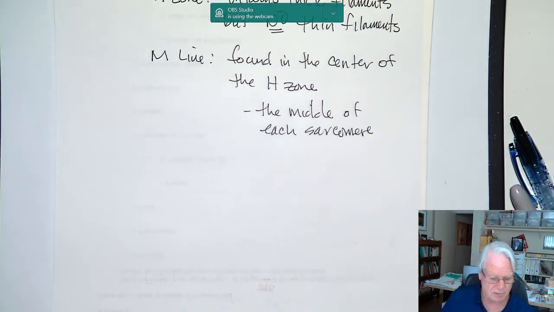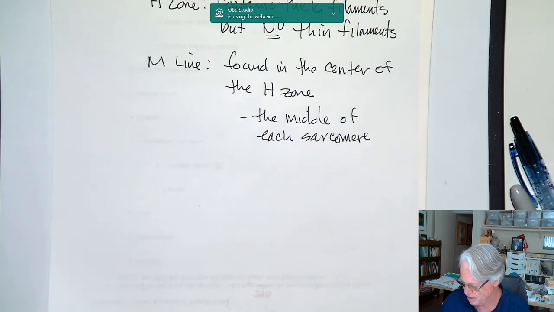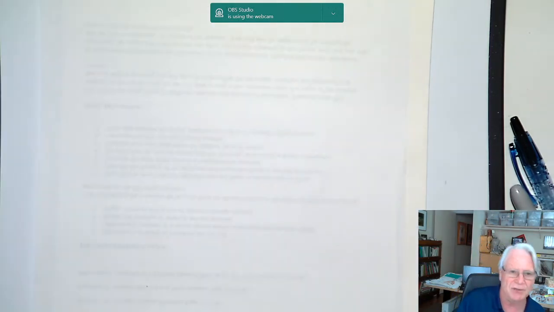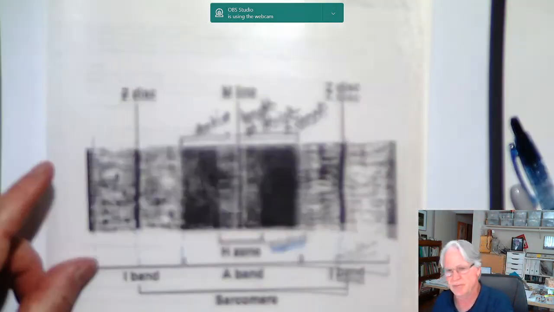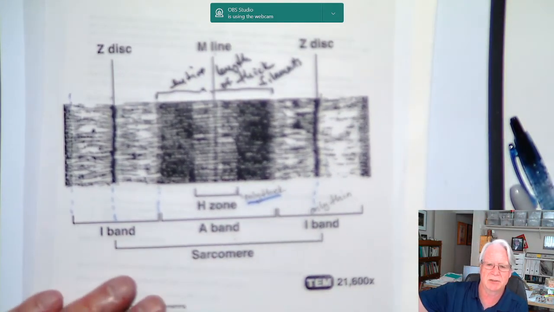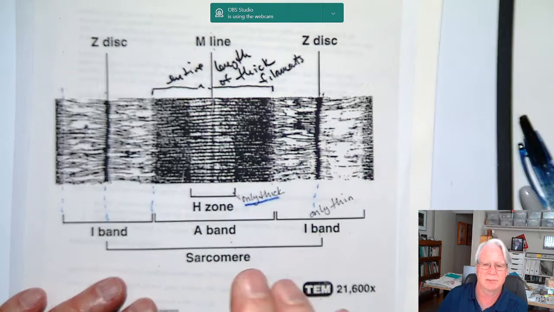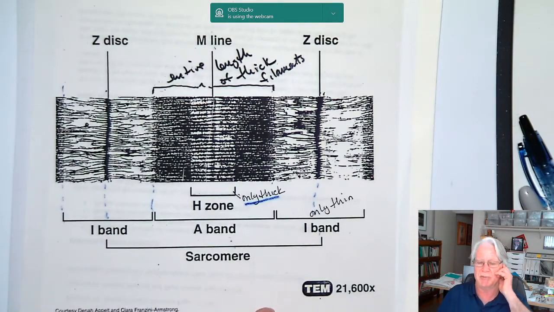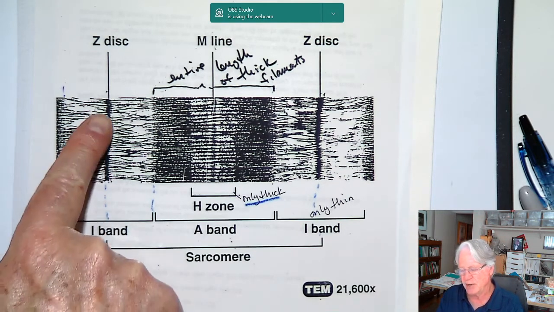All right. Let's take a couple of other images and take a look at them. And then we will do a drawing and lay out all of this information in the drawing as well. So here is an actual transmission electron microscope image of an actual sarcomere. So I've got my Z-disc.